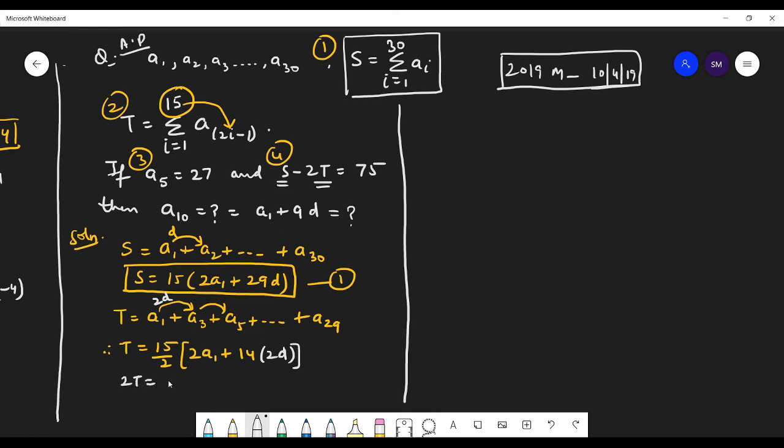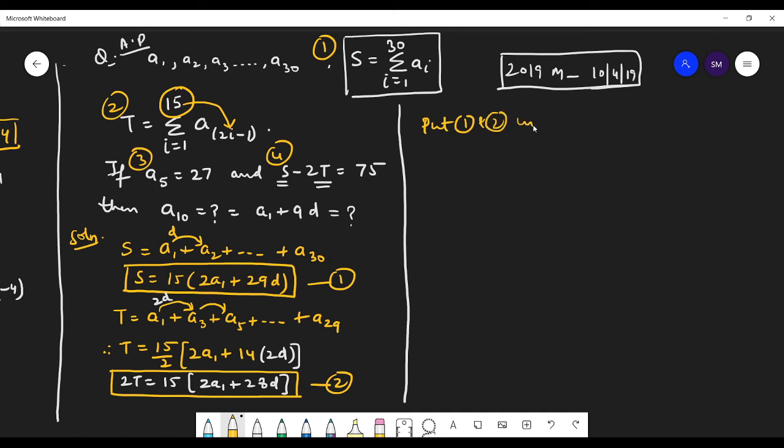So 2t is equal to 15 into 2a1 plus 28d. Agreed, students? Yes, sir. So that's your equation number 2. So now put these equations in 4. So put 1 and 2 in 4. What do we get?